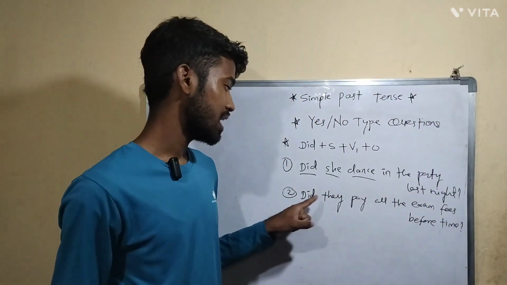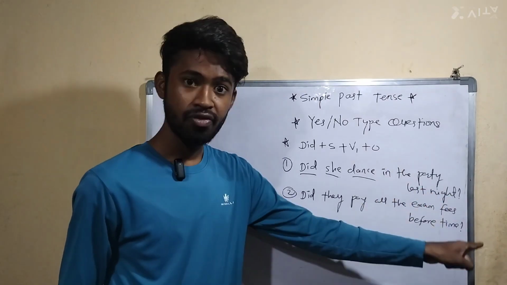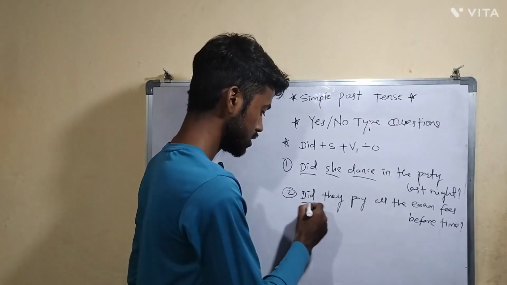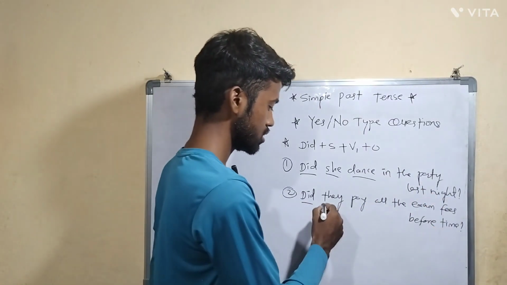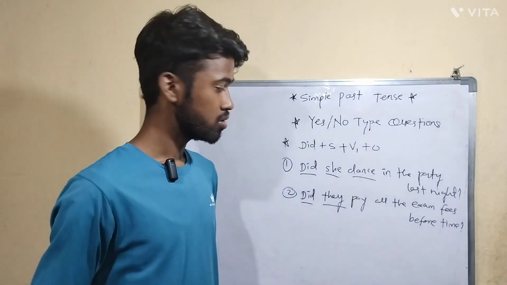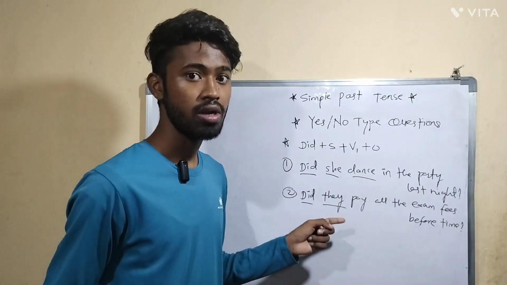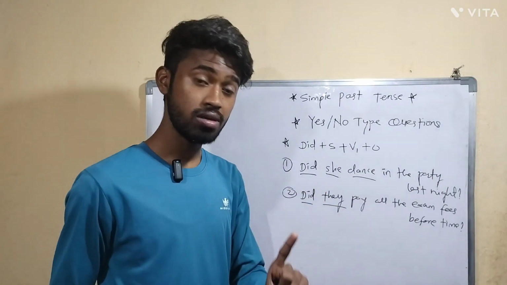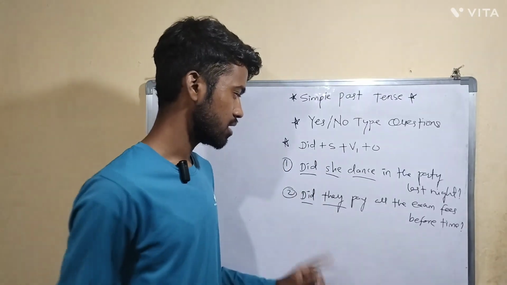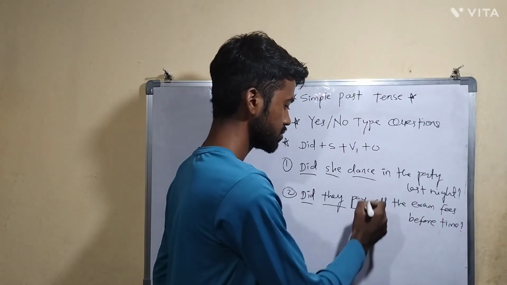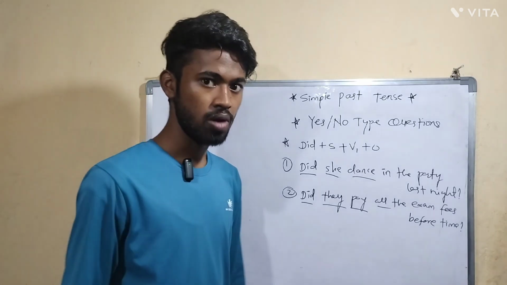What they are asking, did they pay all the exam fees before time? So here this is the helping verb, this is a plural subject. So for singular and for plural, I am repeating that only one helping verb is there, that is did. After that, first form of verb and the remaining part is object.